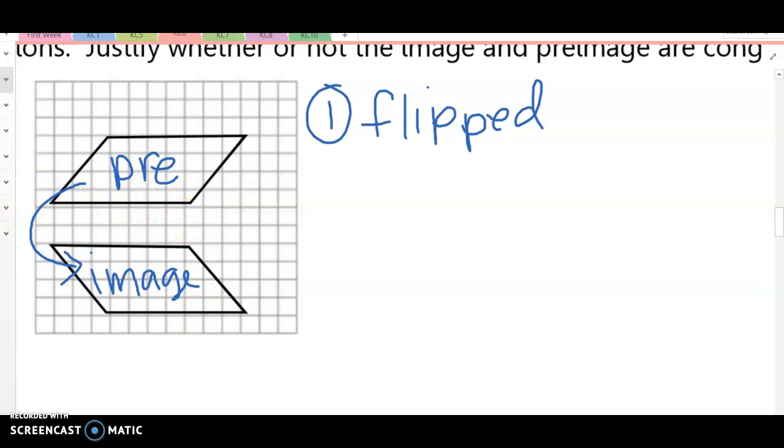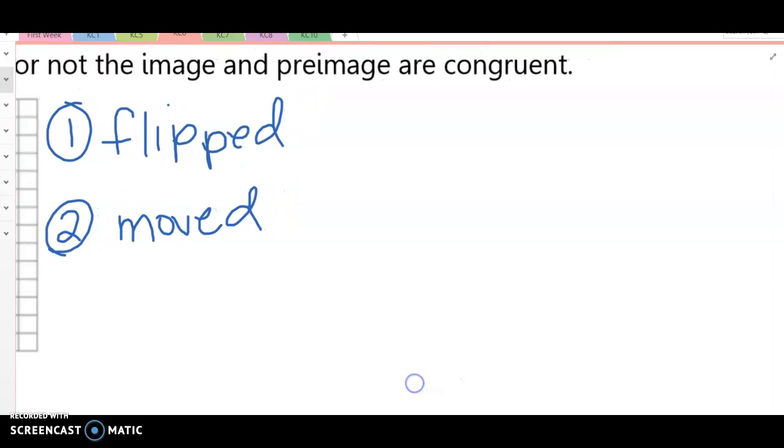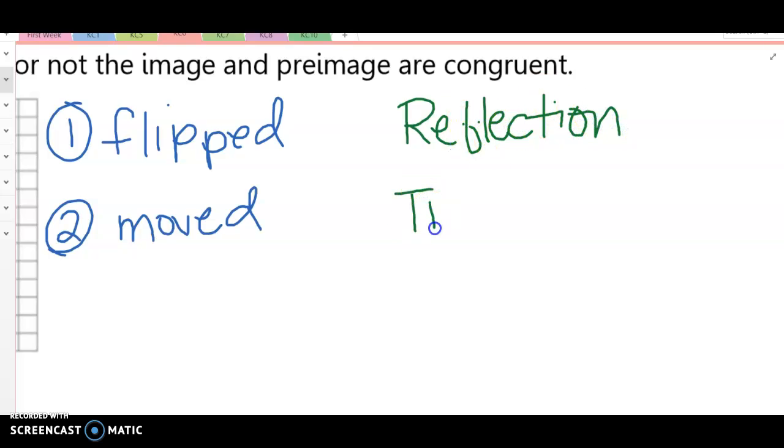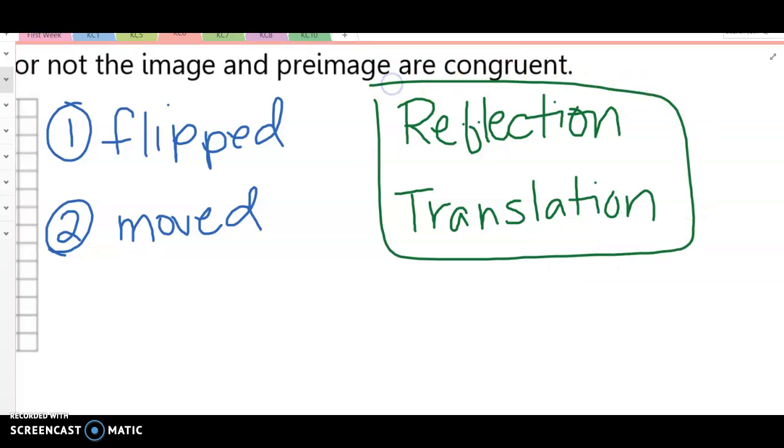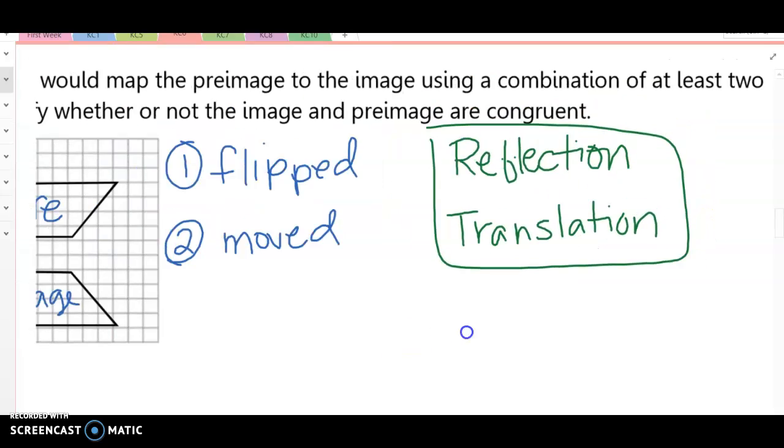So it flipped and then also moved. But we have to use the proper words for flipped and moved. So flipped is reflection and move is translation. So those are the 2 transformations.